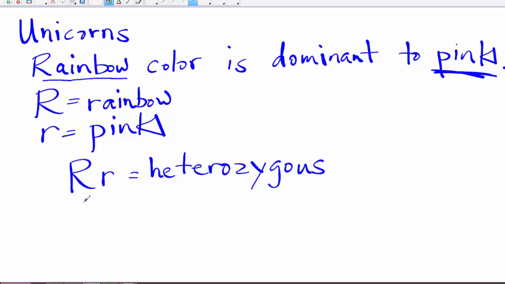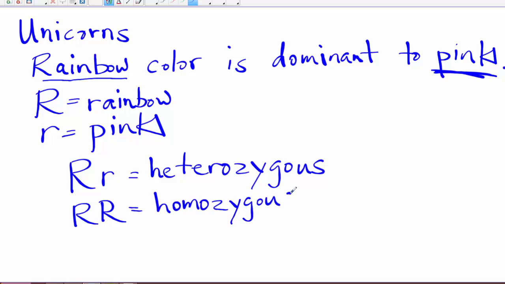You could also get a big R from one parent and a big R from another parent. This would be homozygous for the trait because both of their alleles are the same. Lastly, you could get one little r from one parent and one little r from the other parent, and that would also be homozygous for the trait because both of those letters are the same.